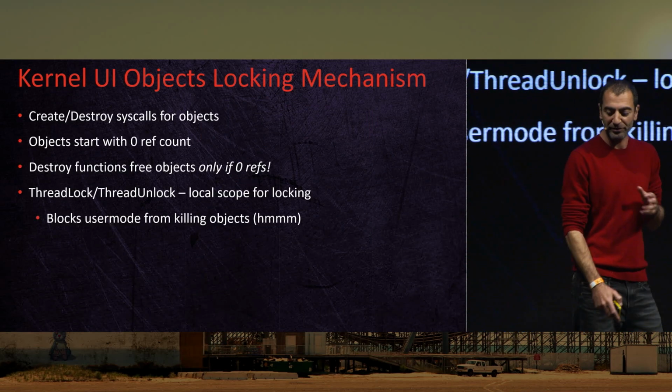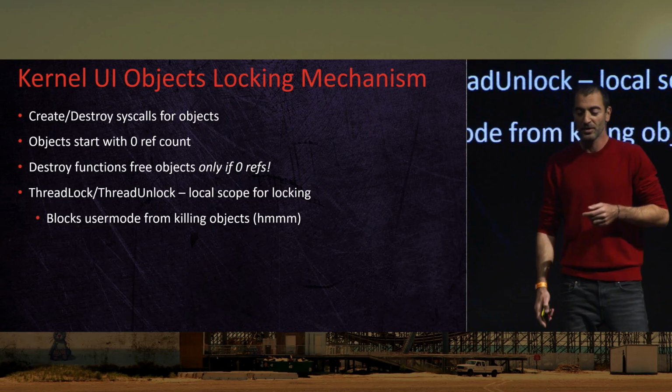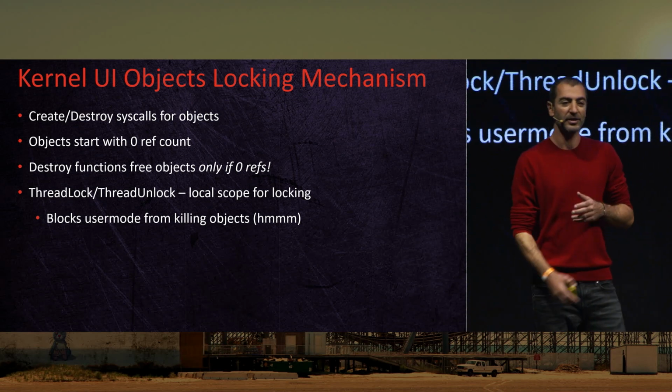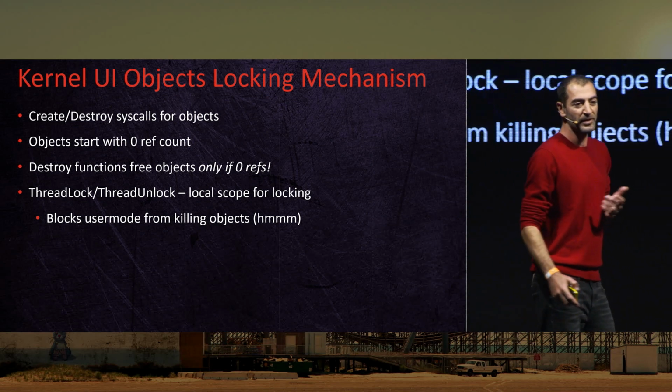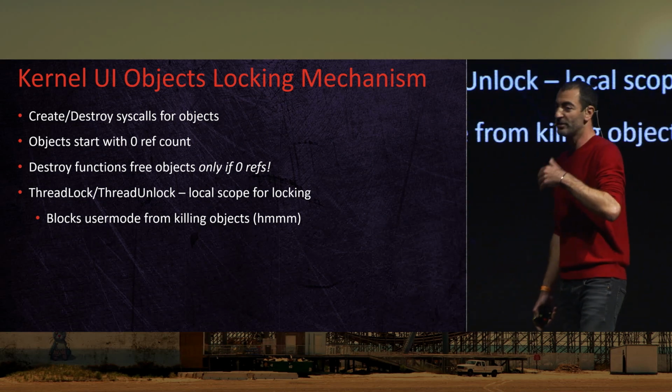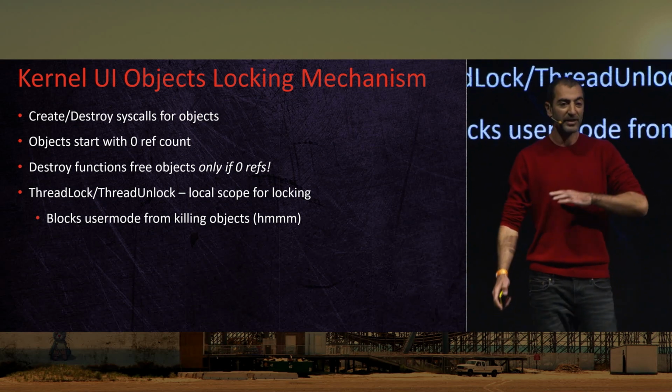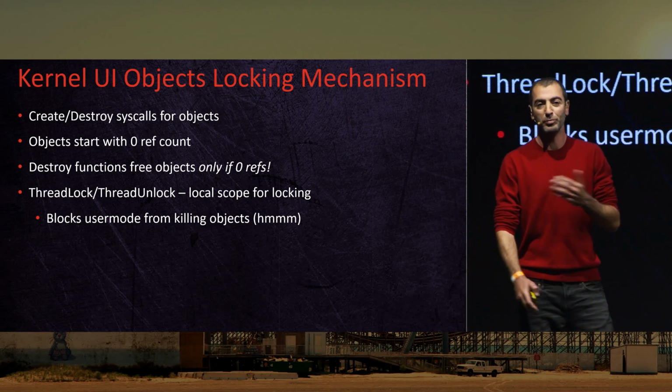But before we get to the fix, objects are being locked, okay? There are two types of locks. One is like the scope lock, and we will see how it works. And then there is another one that I'm going to skip now for brevity.